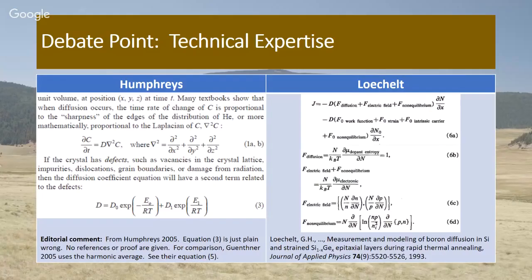Okay, so I was taking mental notes, but this is such an in-depth topic. Now, on this particular thing that Humphreys is using for these formulas, correct me if I'm wrong, it looks like he's using some kind of Fick's second law of diffusion. But he's adding extra stuff to it.